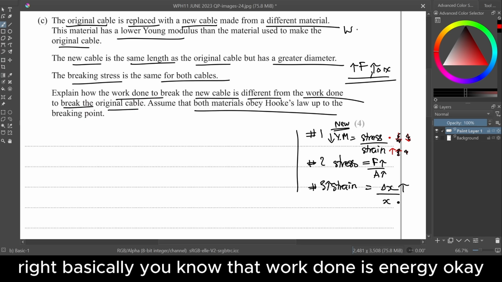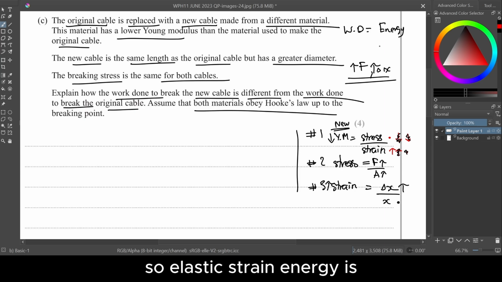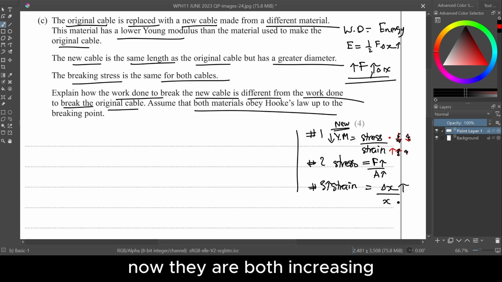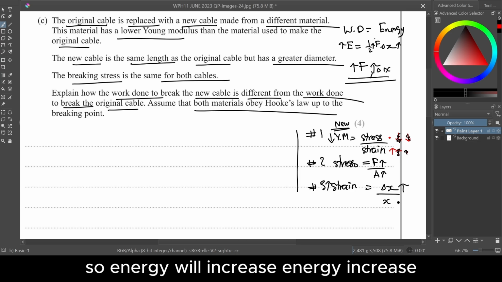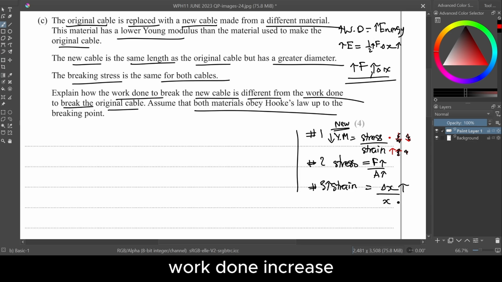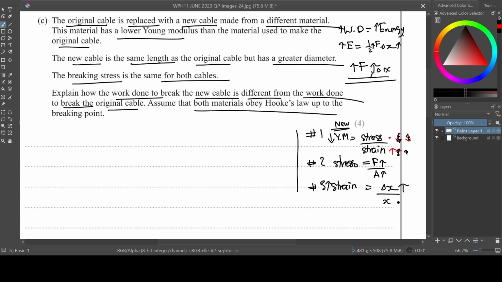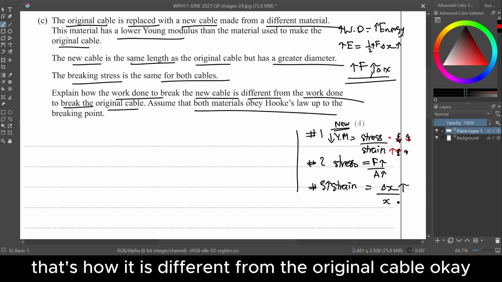Basically, you know that work done is energy. Elastic strain energy has a formula of 1 by 2 F delta X. Now they are both increasing. So energy increases, work done increases, means you need more work done to break this new cable, right?